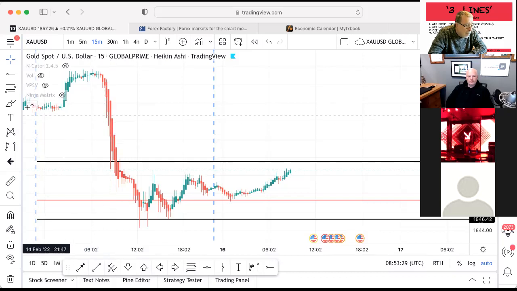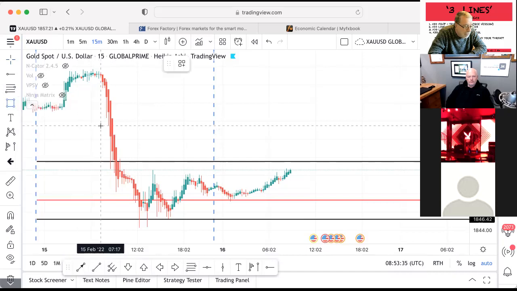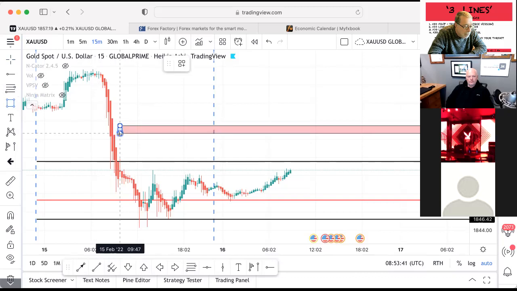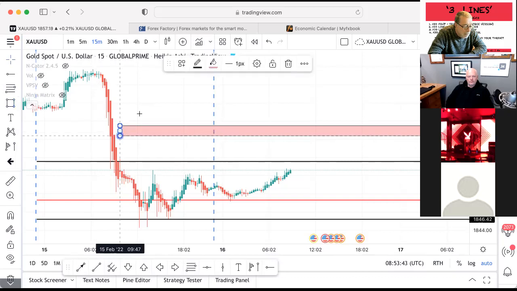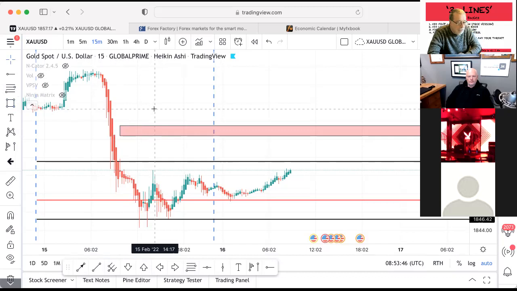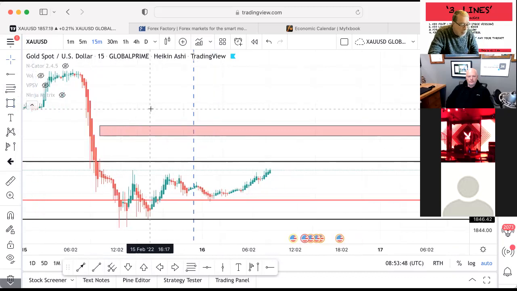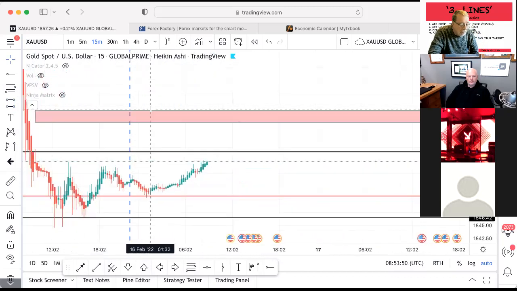So I'll mark that. I'm just doing rough calculations here. I'm not saying that this is accurate, but there's an area there. And if any of you watch Paul, he would be saying that's an area of imbalance and that's got to be filled.